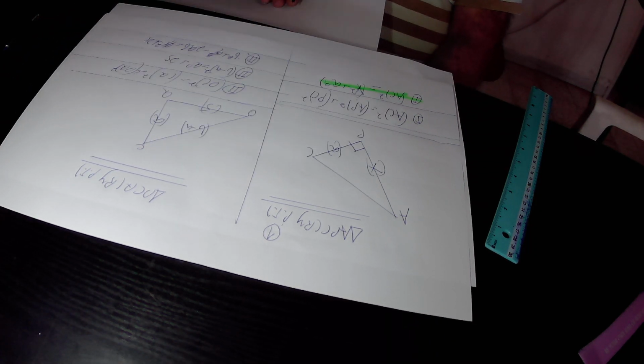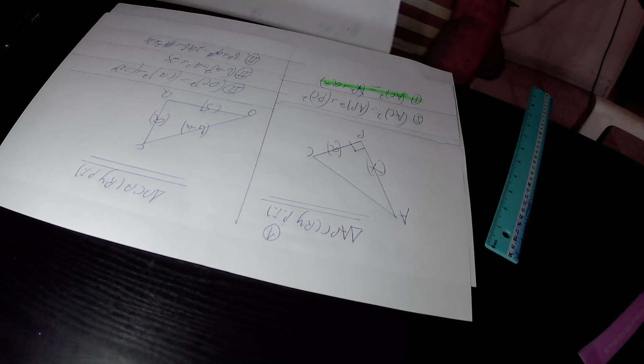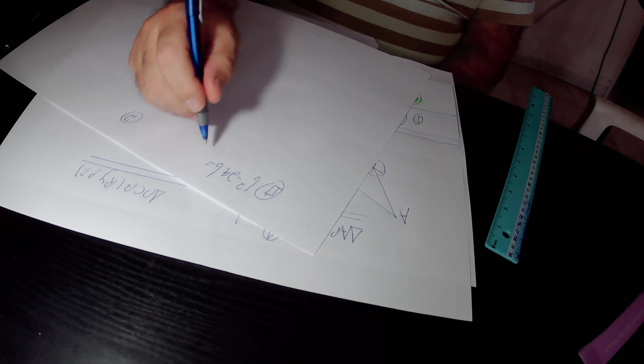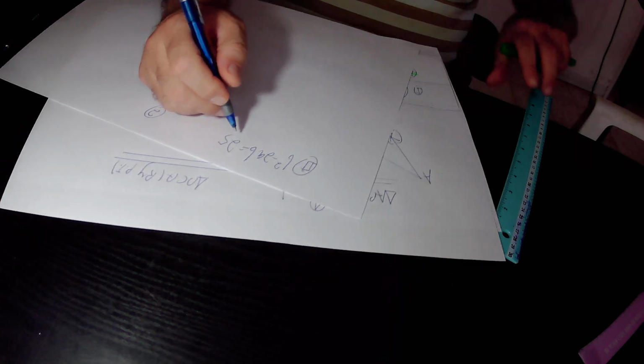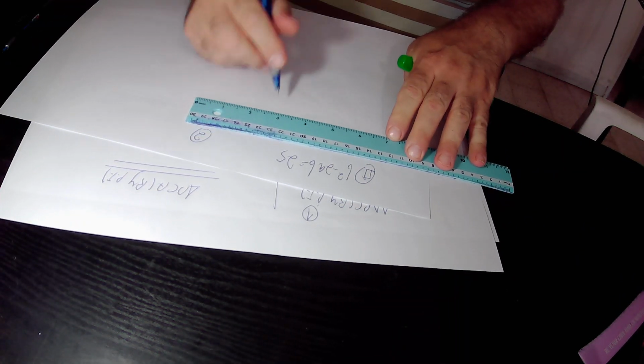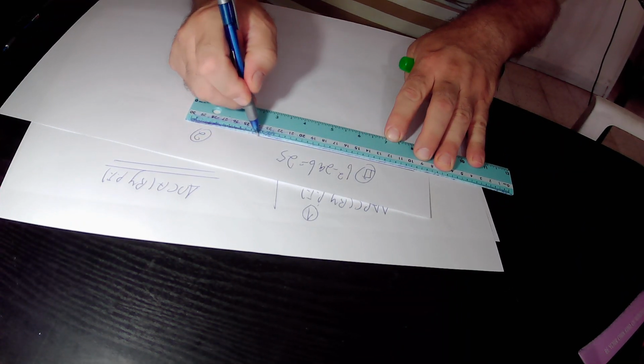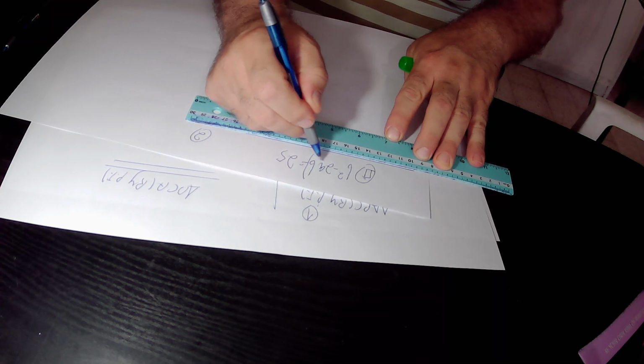On the other side of this equation 2, we are left only with 25. So in total, according to equation 2, we found that B squared minus 2AB equals 25.